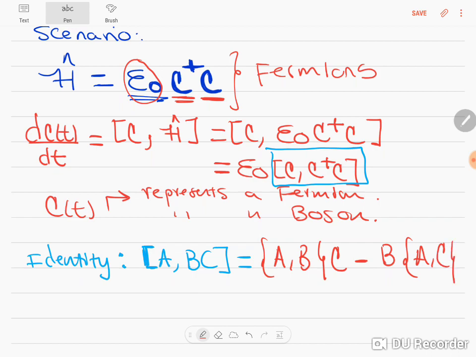So it turns out that commutators are more common or typical when we calculate stuff for bosons.